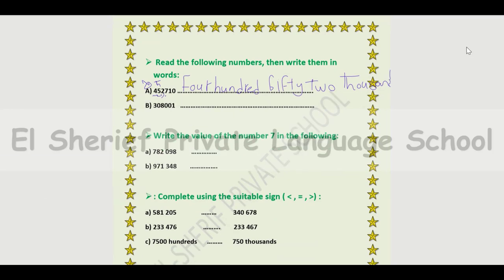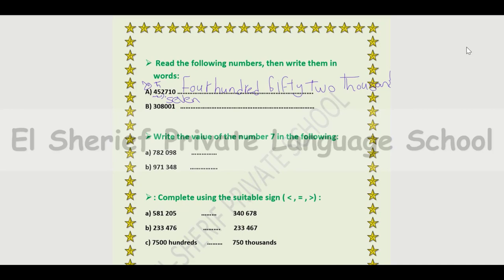We write 452,700, write 700 as we read. And 10.